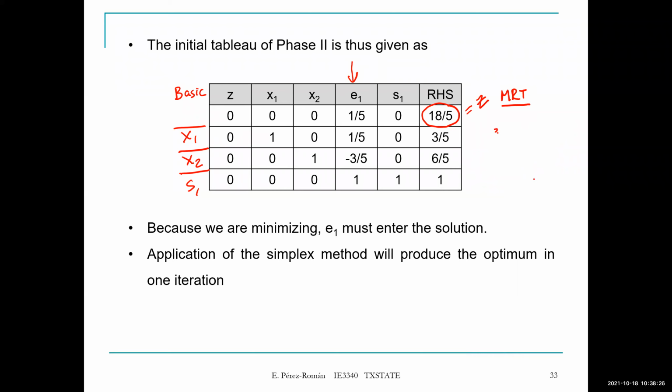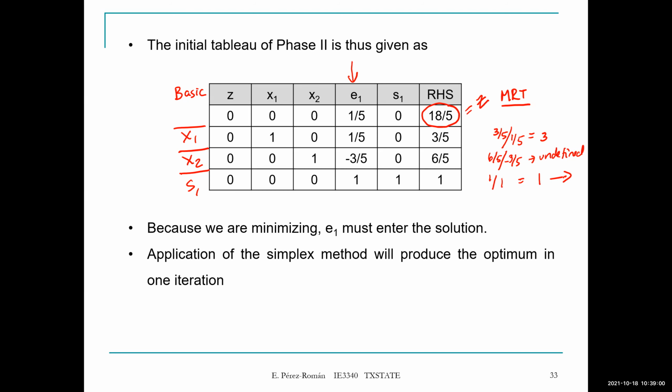It's going to be 3/5 divided by 1/5. And this is going to be 15/5 equals 3. This is going to be 6/5 divided by minus 3/5. So this is undefined, negative. And this is going to be 1/1, which is equal to 1. So that means that S1 is going to leave.